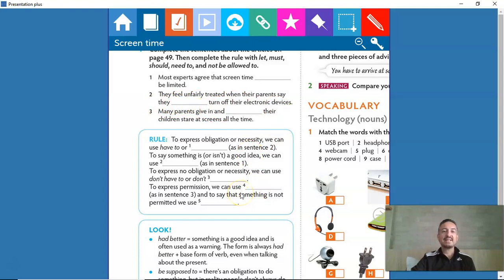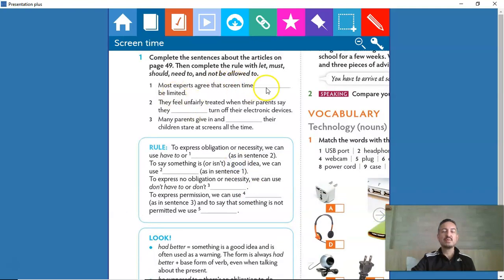To say something is or isn't a good idea, we can use, as in sentence 1, should. So we can use should to express that something is a good idea, or shouldn't, that it isn't a good idea. It's a kind of advice that you give someone, that it's a good idea to do this, that you should do this.